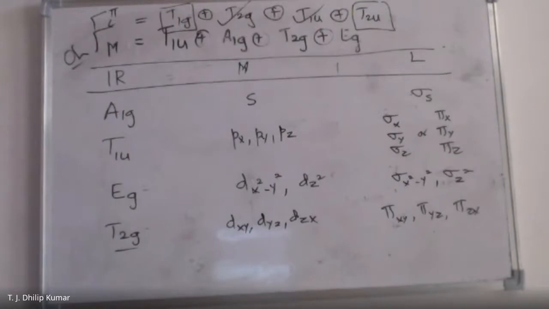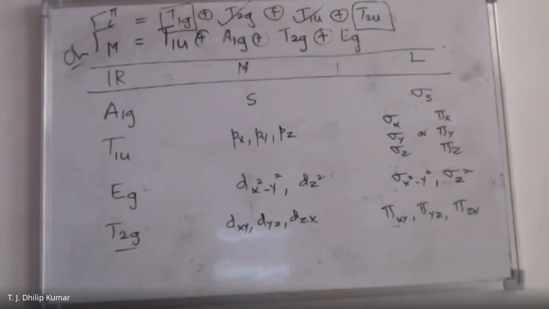Similarly, one can study tetrahedral or square planar complexes. You will find many examples in various books. So I stop here with this. Group theory basically provides a qualitative picture of overlap with the symmetries.